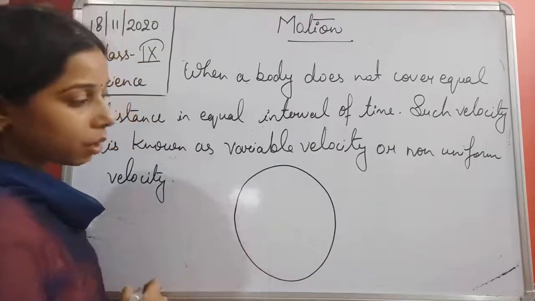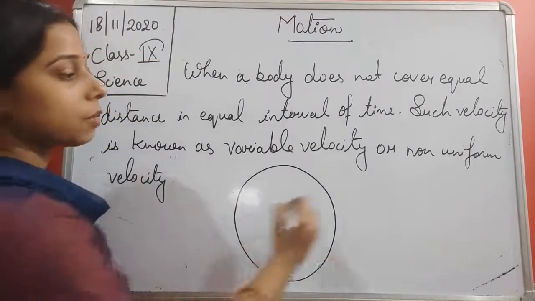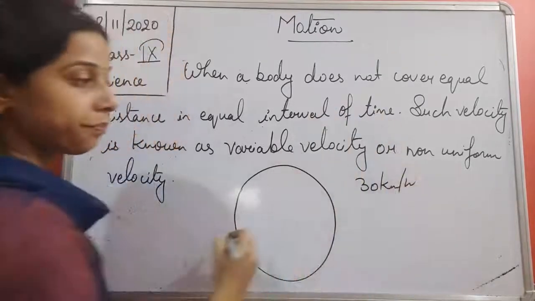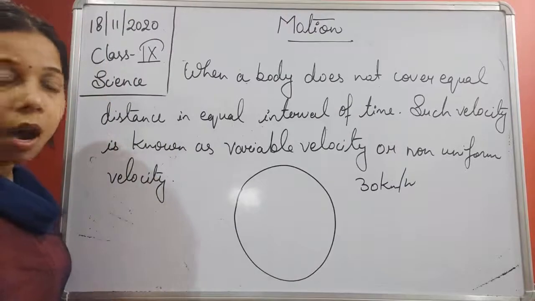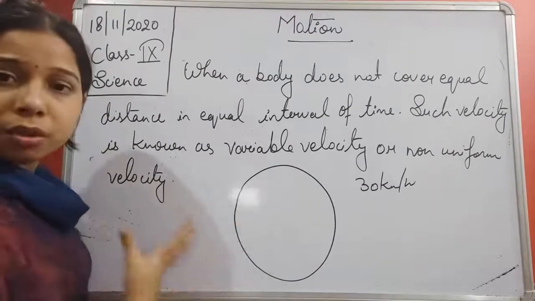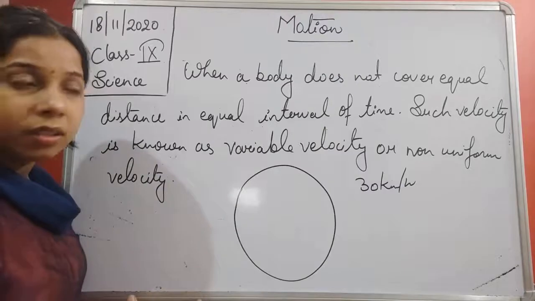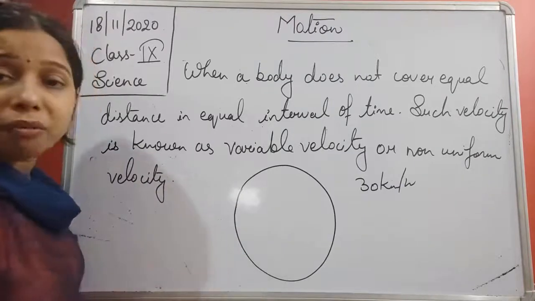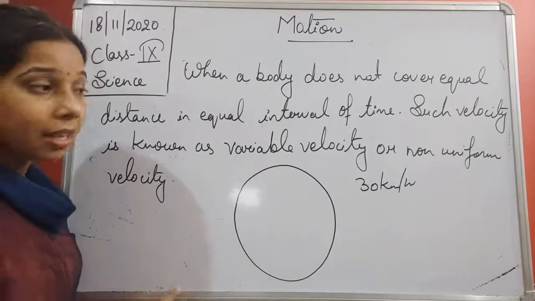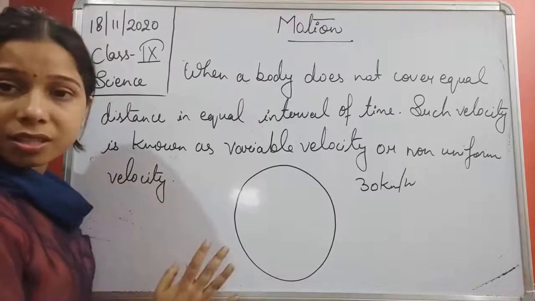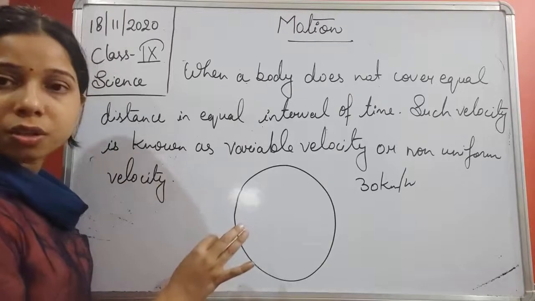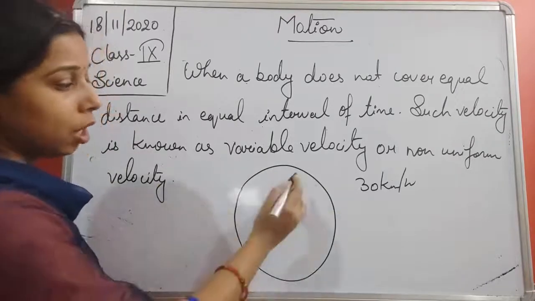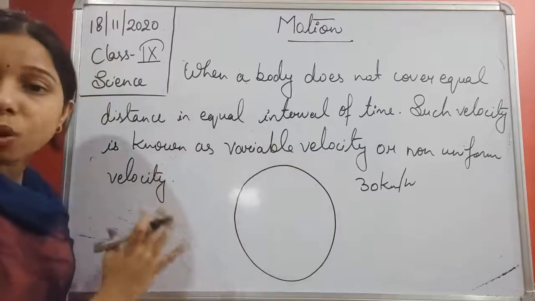In this circular path, you see it is moving at 30 km per hour. Suppose this is the speed of the car and it is moving in a circular track. If it is moving with this speed, the speed of the car remains constant. It means there will be no change in the speed. But since it is moving in a circle, the direction keeps on changing.